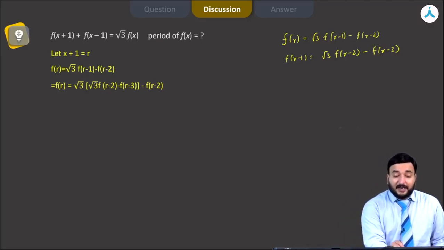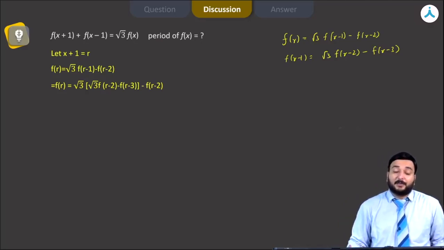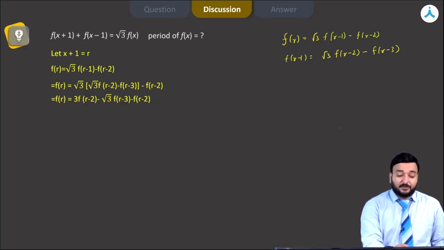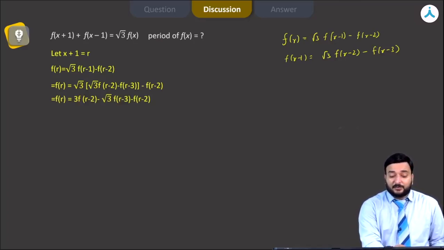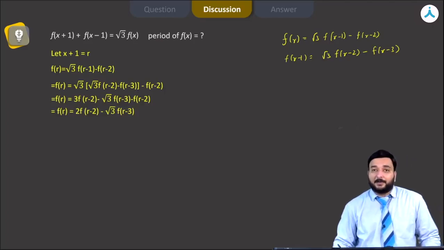Now this √3 and √3 will become 3, and 3 - 1 will be equal to 2. So f(r) = 2 f(r-2) - √3 f(r-3).